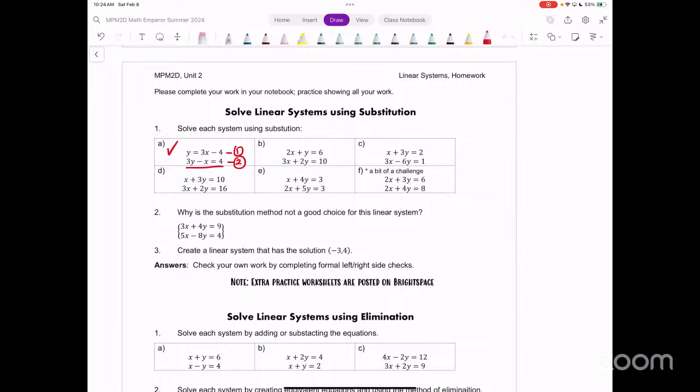Sharon, where are you doing the work? I have it right here. I'm writing it all down on a piece of paper. Okay. You still need to label that equation number 1.